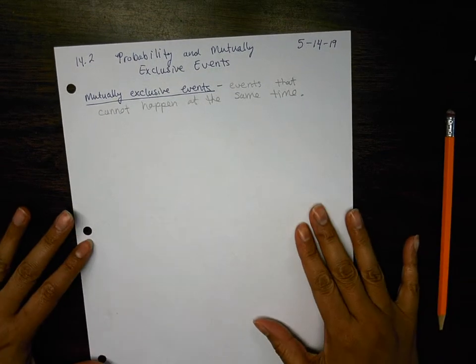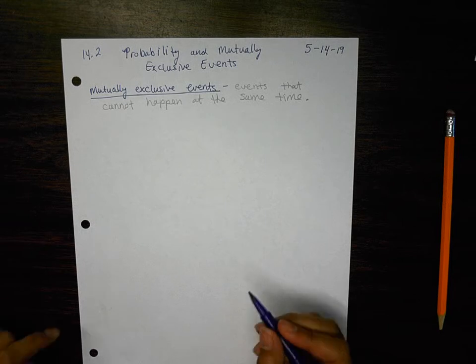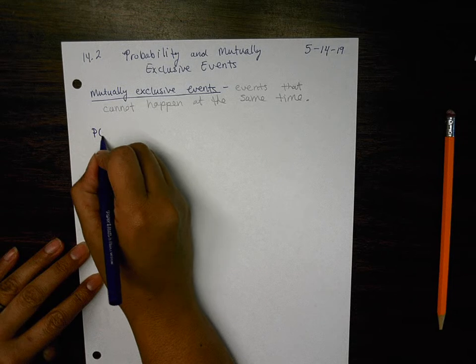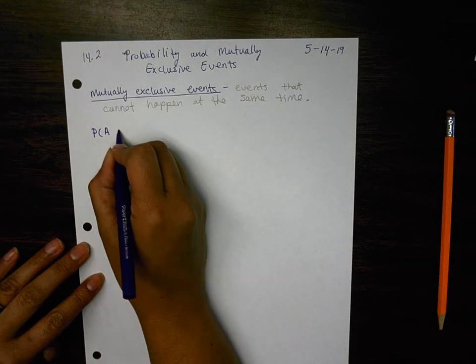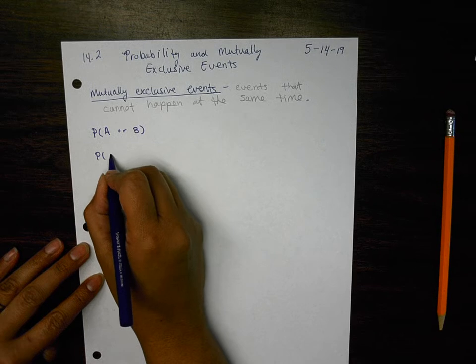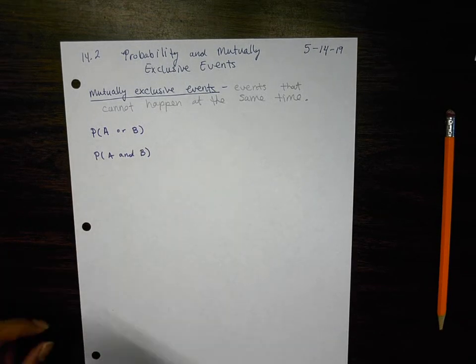We are going to have some formulas, so make sure you're paying attention, you're writing these down. When events are mutually exclusive, we have the probability of event A or B happening, and we also have the probability of event A and B happening.